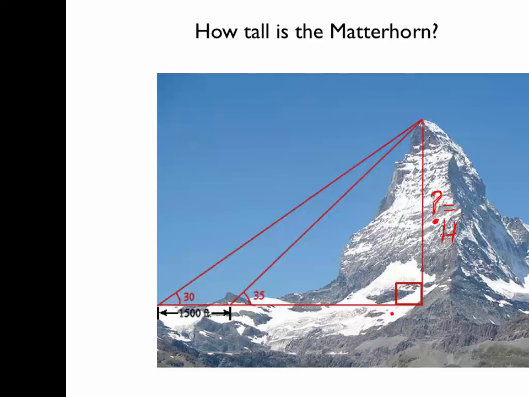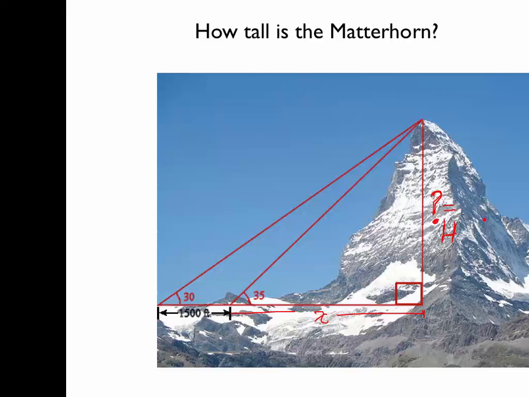Let's call that X. So we're going to use tangent, sine, or cosine? Cosine. We know what this length is here? This is the hypotenuse. We've got opposite and adjacent. Probably want to get the hypotenuse first. No, we want to find the height of the mountain.